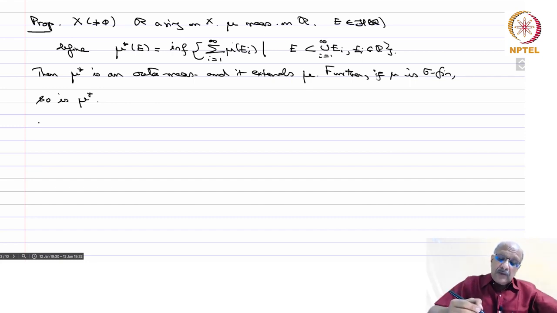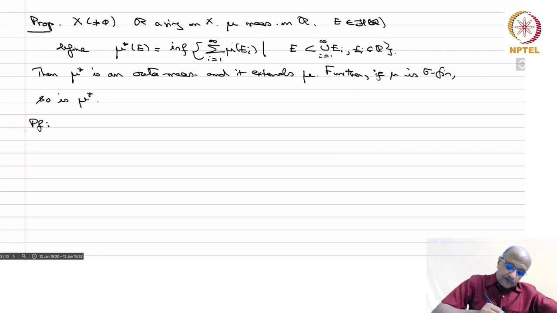So given a measure on a ring, you have a hereditary sigma ring generating it, and every element there can be covered by a countable number of members of the ring. So you simply take the values of those coverings, so you get infinite series. Now take the infimum of the sums of these infinite series, that is giving you an outer measure, and it extends mu. Okay, so that's a very important property.